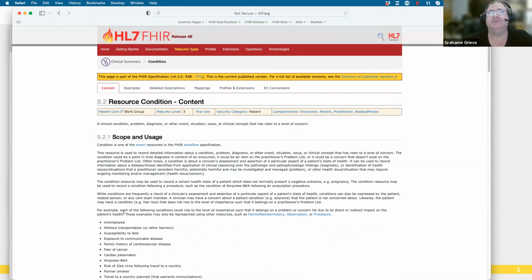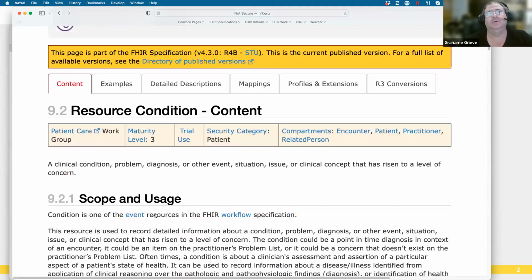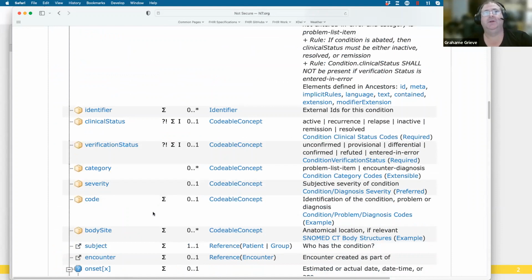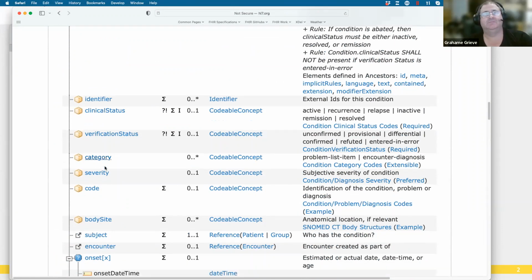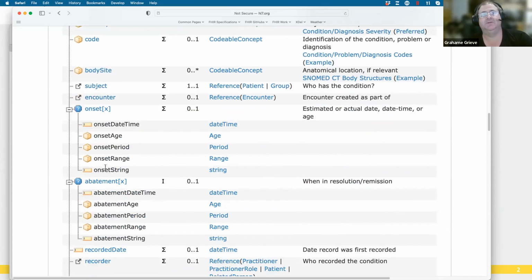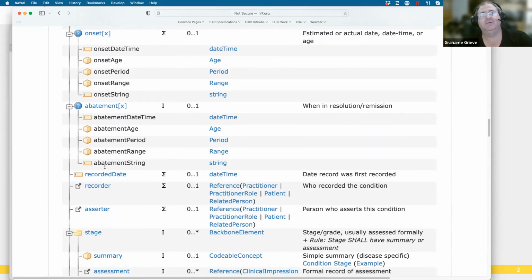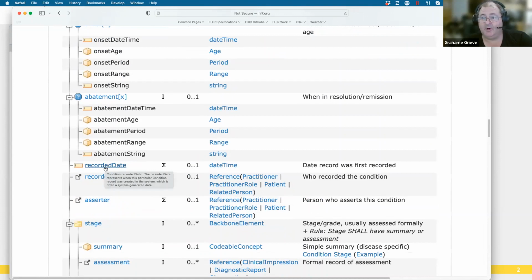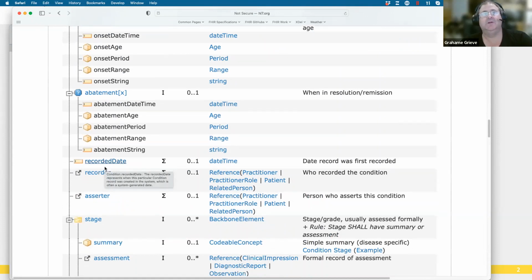If you look at the condition resource itself, we have its status and properties of the condition, but what you don't have anywhere, and this is a common question, is perspective of the condition. Is this the primary diagnosis? Because the primary diagnosis, we hold that as a property of the encounter.